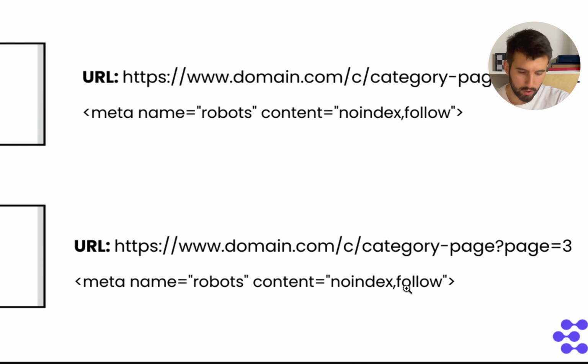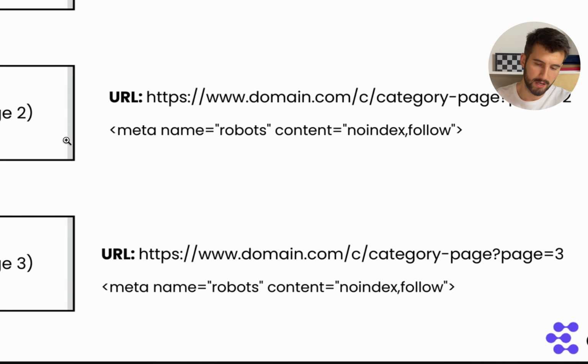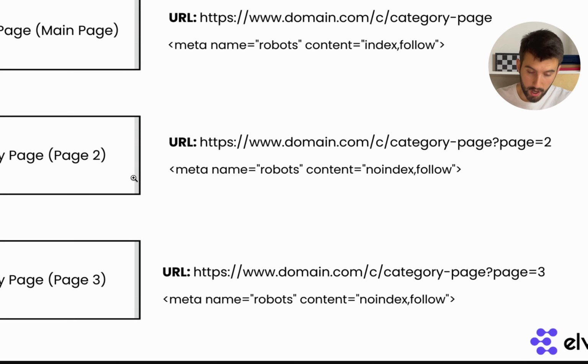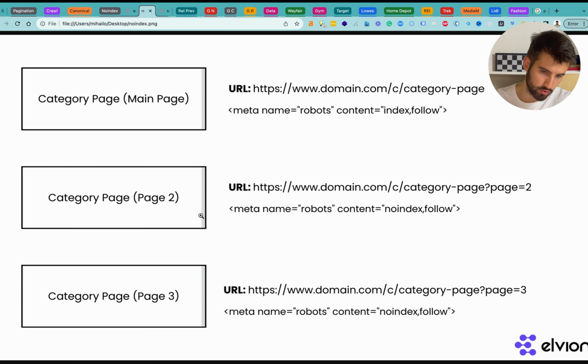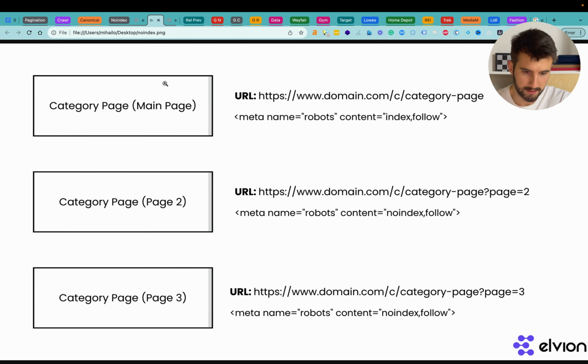Regarding the follow, we want search engines to follow all of the links within the second, third, fourth, etc. pages, because those pages show products, and we want search engines to crawl all of those product links once.